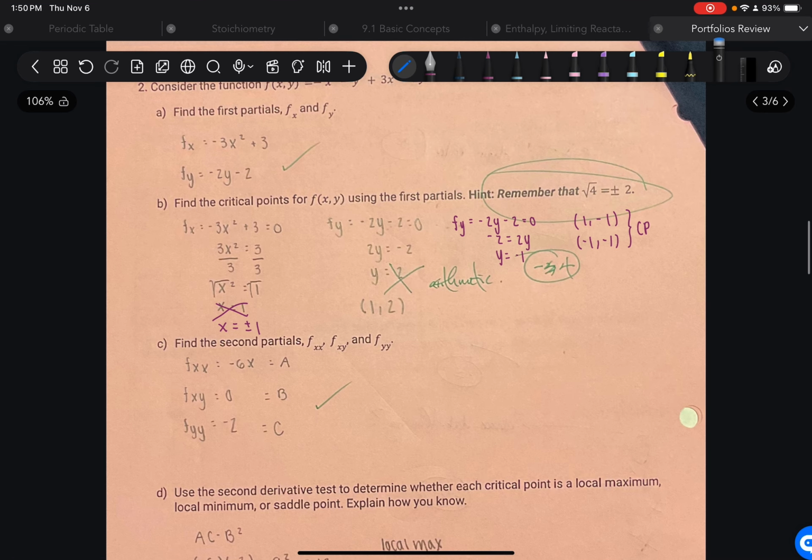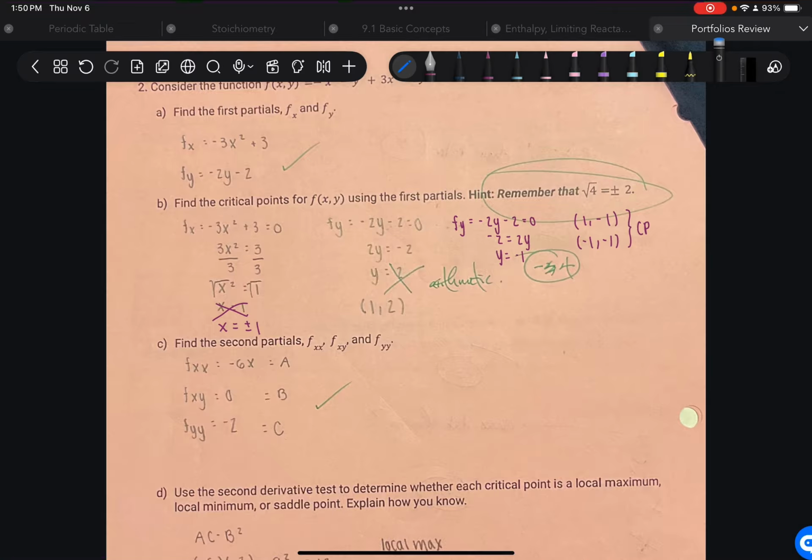For question 2, I just made an error in finding my f of y, and for f of x, I forgot that the square root means it's plus or minus, so I would have 2 different critical points.